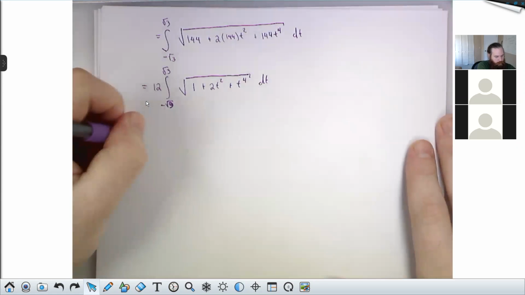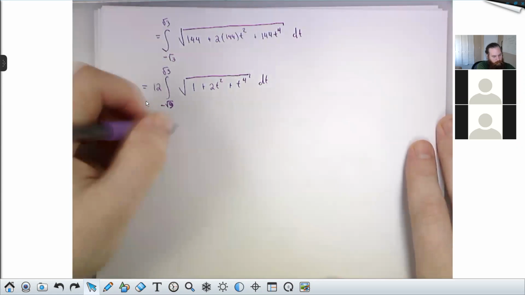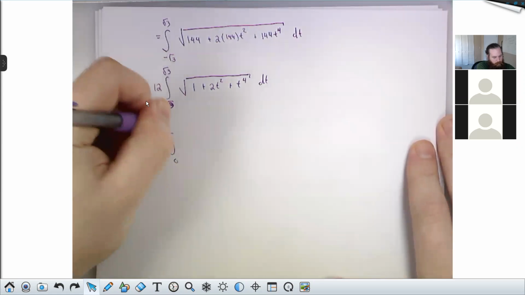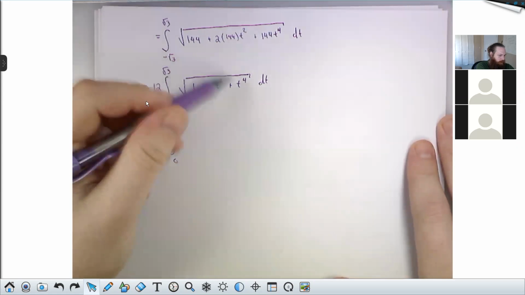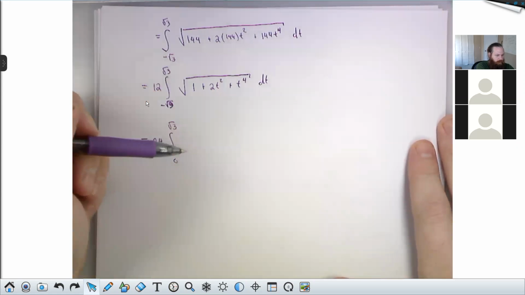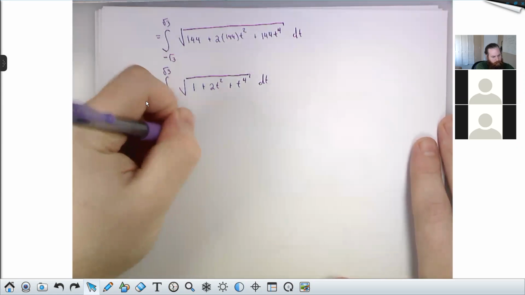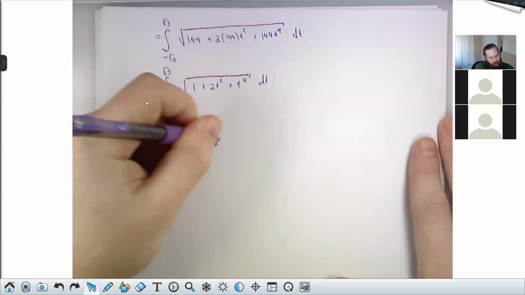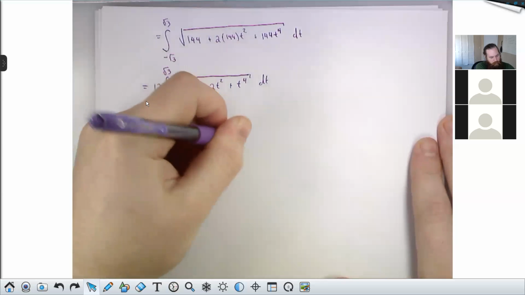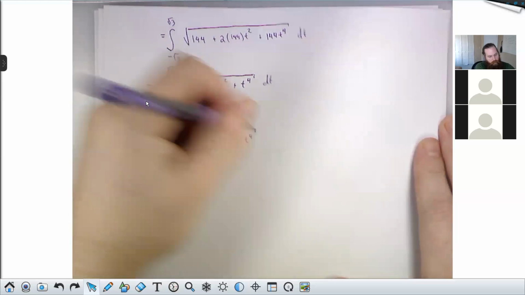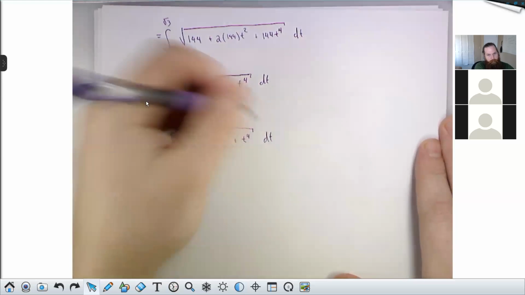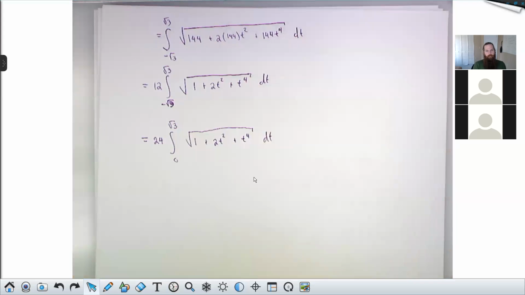So I'll end up with 24 times the integral from 0 to root 3. And then let's see what we can do with this: 1 plus 2t squared plus t to the 4. Does that look like anything you guys recognize? Looks familiar to me. Does anybody see it?